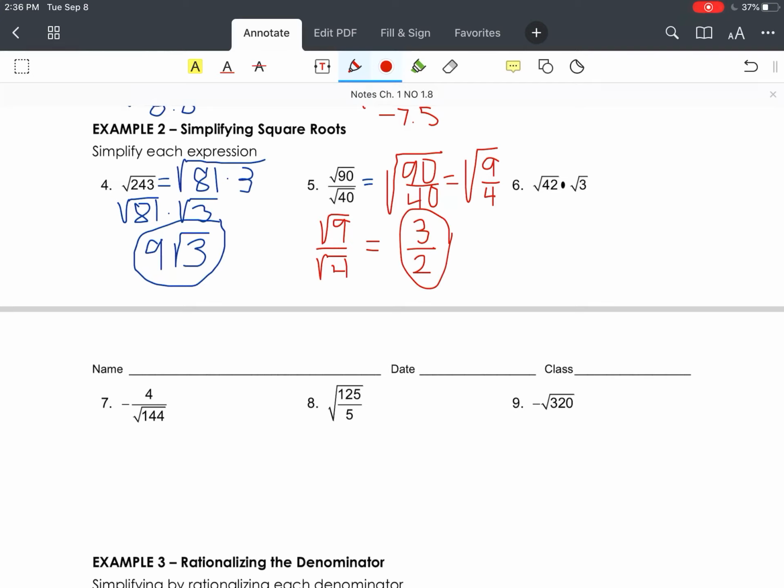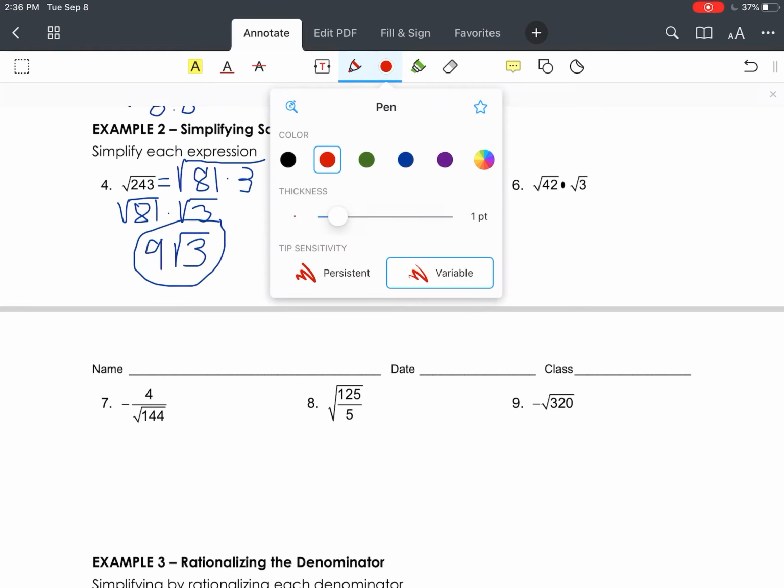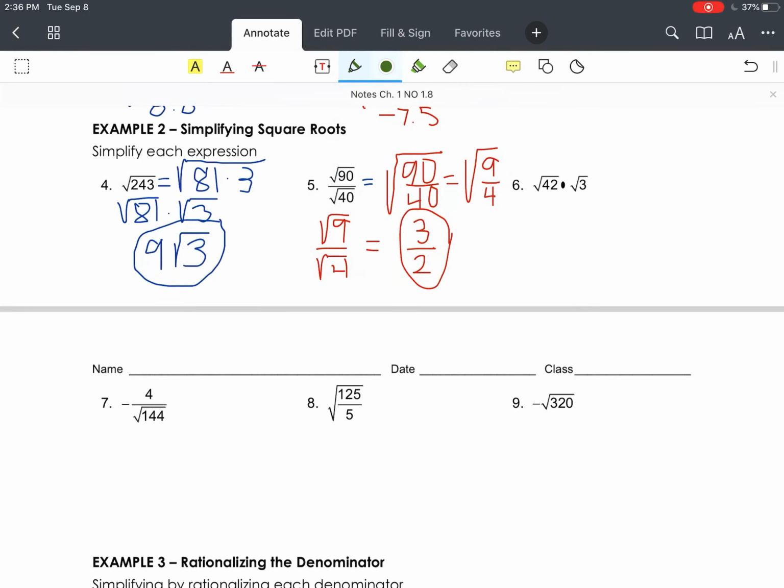We'll try one more together, and then you're on your own for numbers 7, 8, and 9. So number 6, again, I have two square roots. I'm multiplying them together. I don't know the square root of either. They're not perfect squares, so I'm going to multiply them together. So I'm going to do 42 times 3. Well, 42 times 3 is 126.